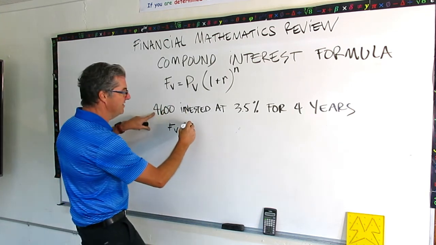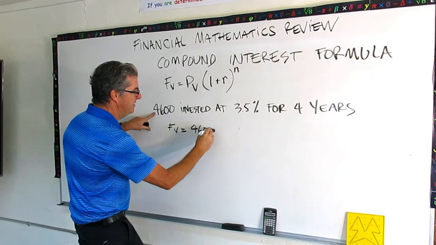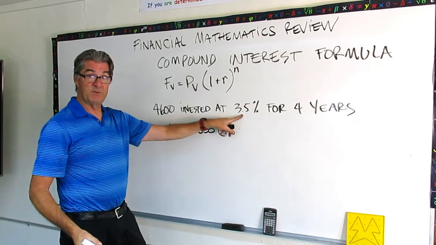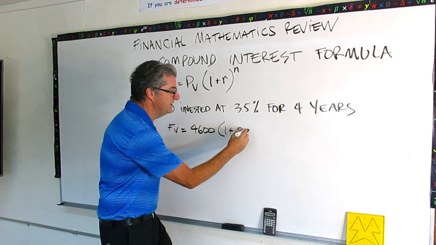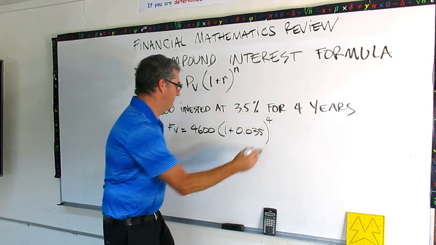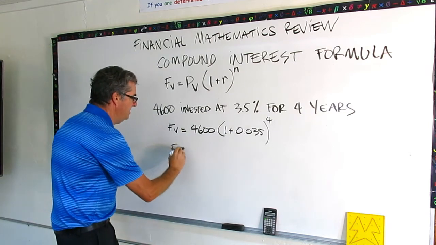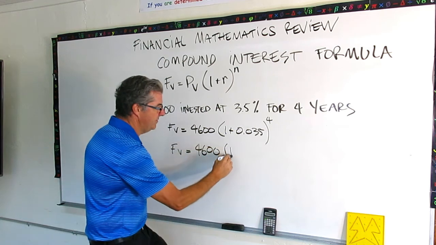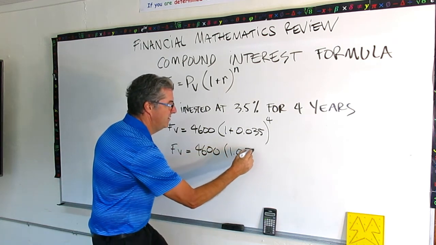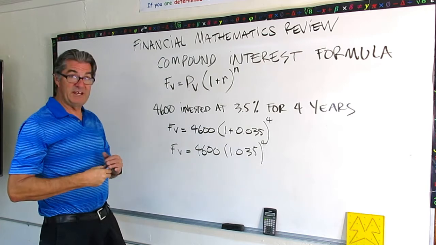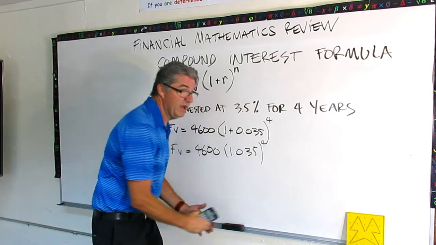4,600 is my present value. FV equals 4,600 times 1 plus, now my interest rate is 3.5%, but that is 0.035, to the 4th power. I'm going to just simplify this out. Now I have everything I need. I can chain this together in one calculation.